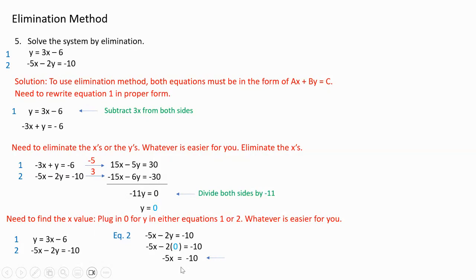Then we divide both sides by negative 5, and the result gives us x equals 2. Again, that's the solution. You see, we did it 4 different ways, and we got the same solution. And this is also a consistent independent system.